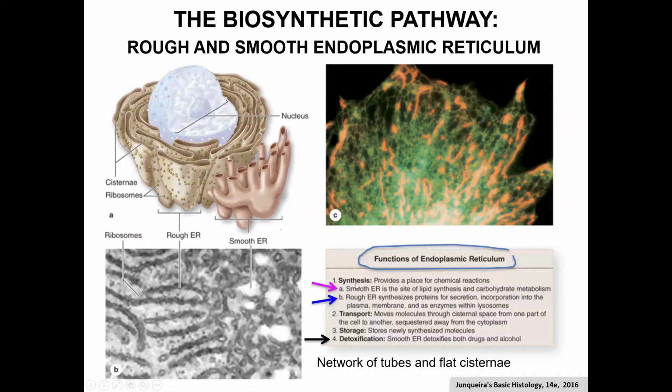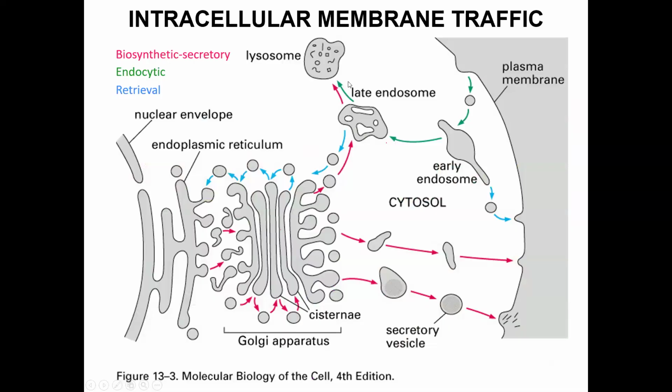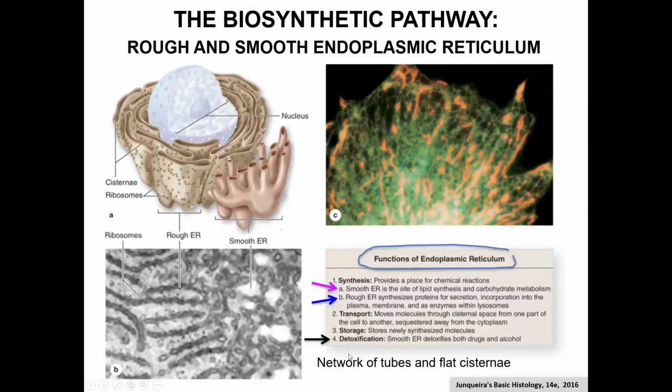So both types of endoplasmic reticulum have a biosynthetic function. The smooth endoplasmic reticulum is the site of lipid synthesis and carbohydrate metabolism. The rough endoplasmic reticulum synthesizes proteins for secretion, incorporation into the plasma membrane, and as enzymes within the lysosomes, as I've shown you there.